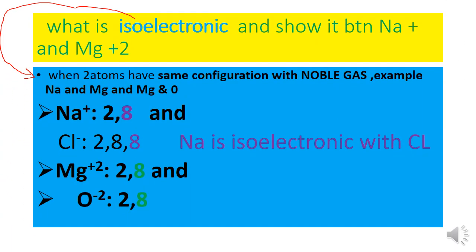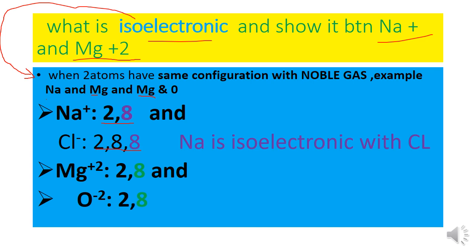What is isoelectronic? It is shown between the sodium and magnesium ions. When two atoms or ions have the same electronic configuration as a noble gas, for example sodium and magnesium, and magnesium and oxygen. First is the sodium ion, which has this electronic configuration, and the chloride ion also has this one.